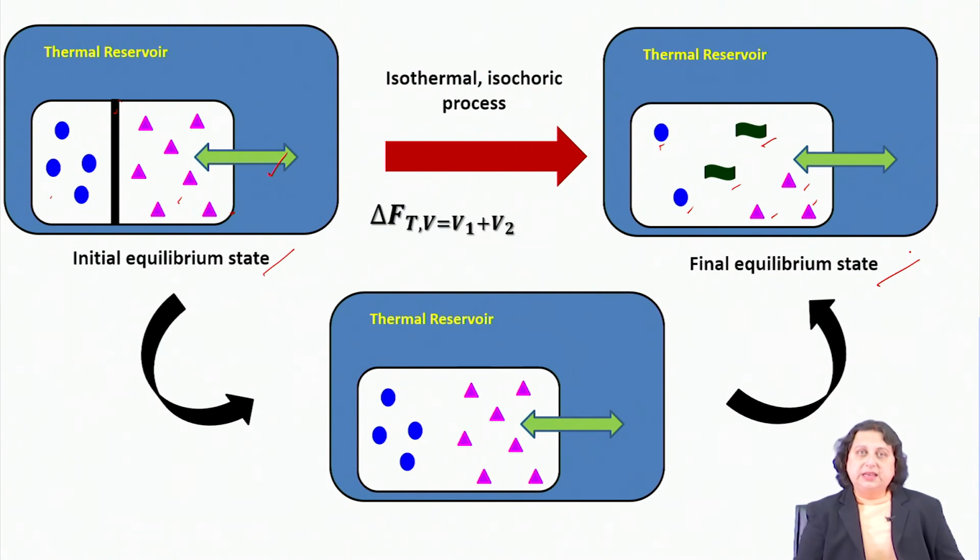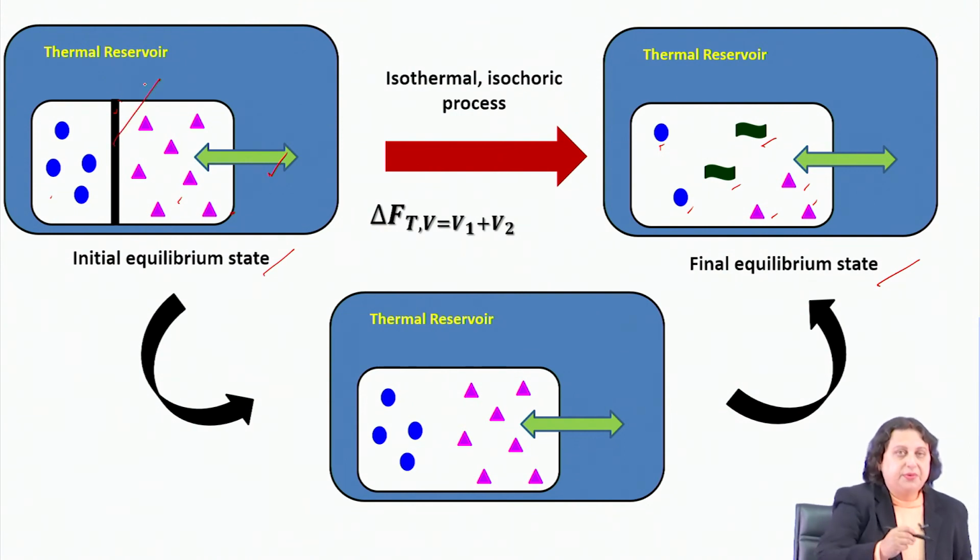All I would say is, if I look at the initial and the final equilibrium state, the quantity that remains constant is the total volume of the reaction vessel. Initially, V1 was available to the blue reactant and V2 was available to the pink reactant, and they were restricted by the presence of this separator.